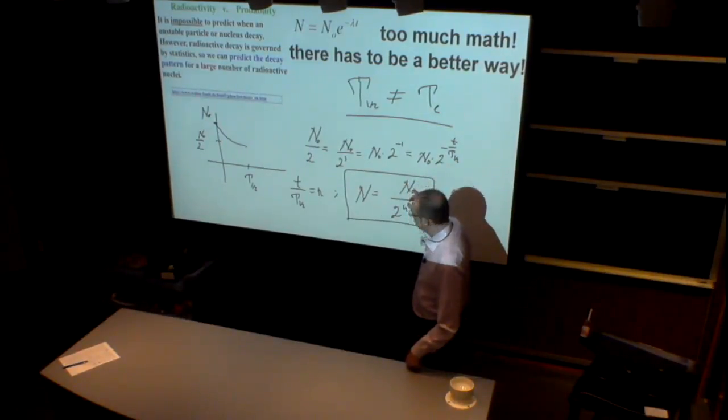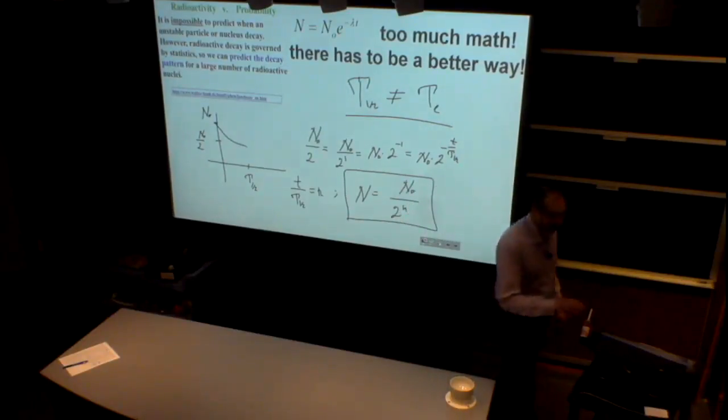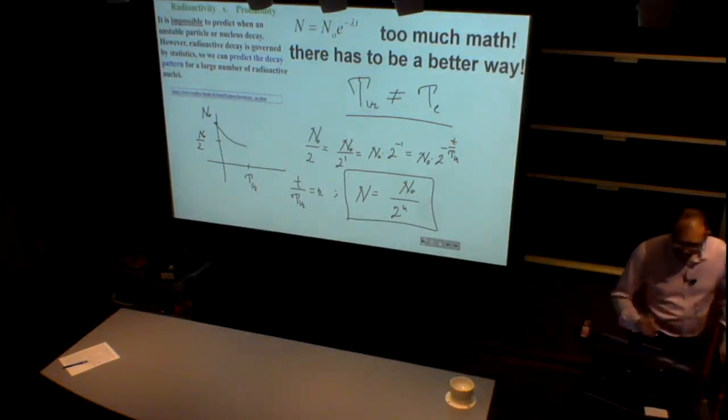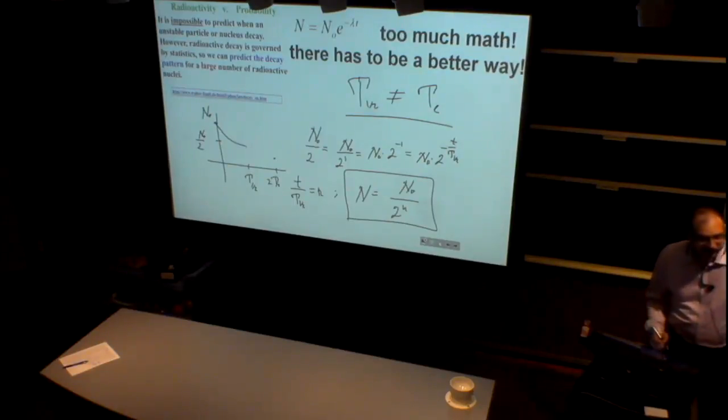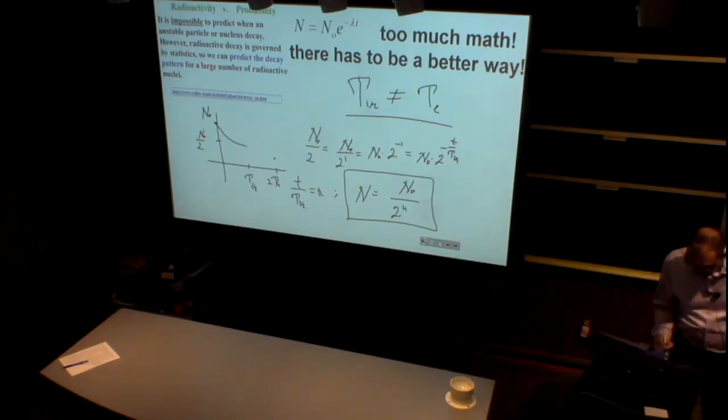The initial number divided by 2 to the power of this number of half-lives, because every time it decreases by a coefficient of 2. If we wait one more half-life, so it drops to what? By definition, it drops to a half of the initial for this period.